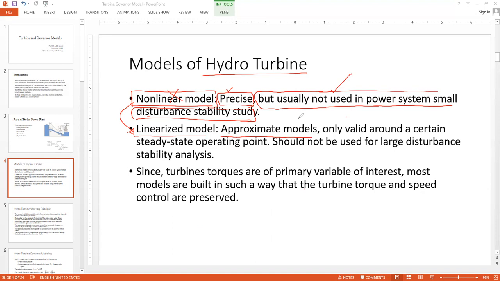If you remember, as we did for the synchronous generator, we resorted to Taylor series expansion and truncation of higher order terms.